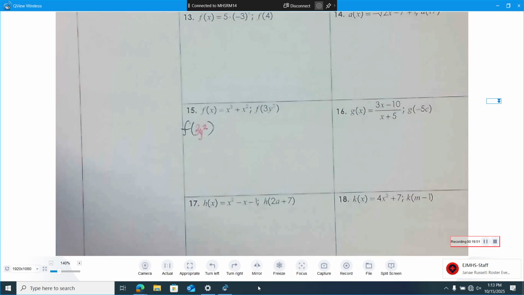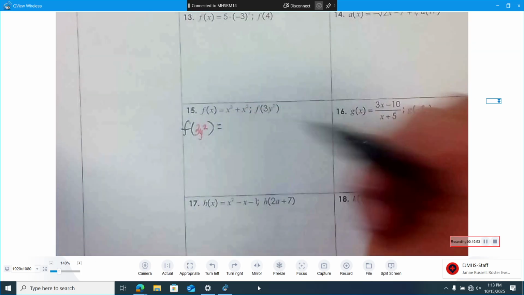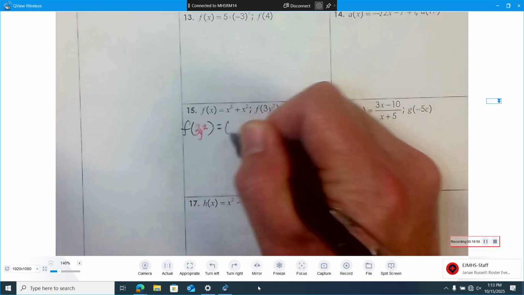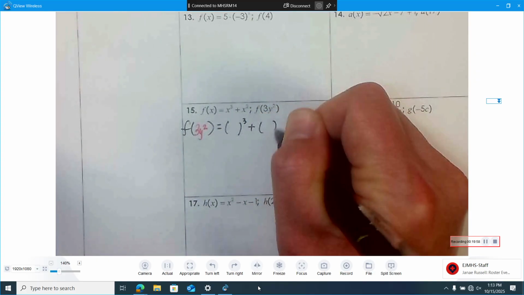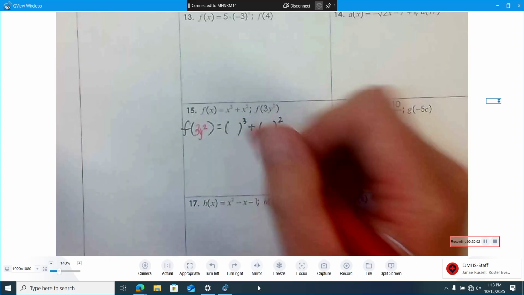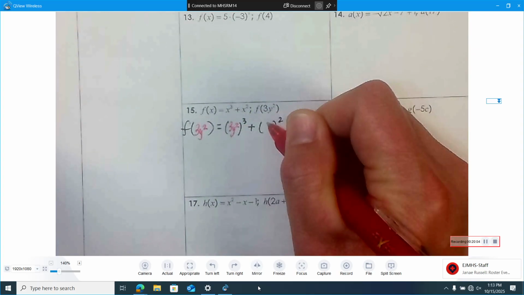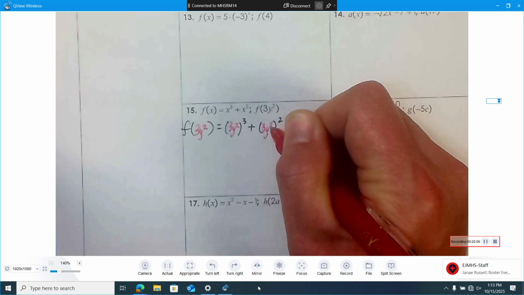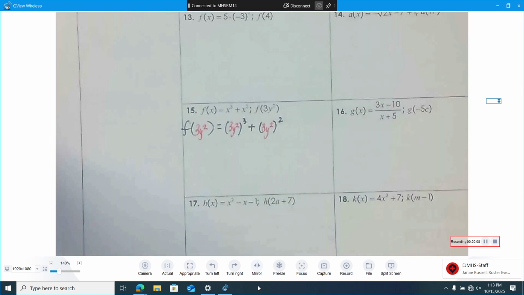What is that telling us to do? Replace our x's with 3y squared. Everywhere there's an x, it wants us to replace it with 3y squared.